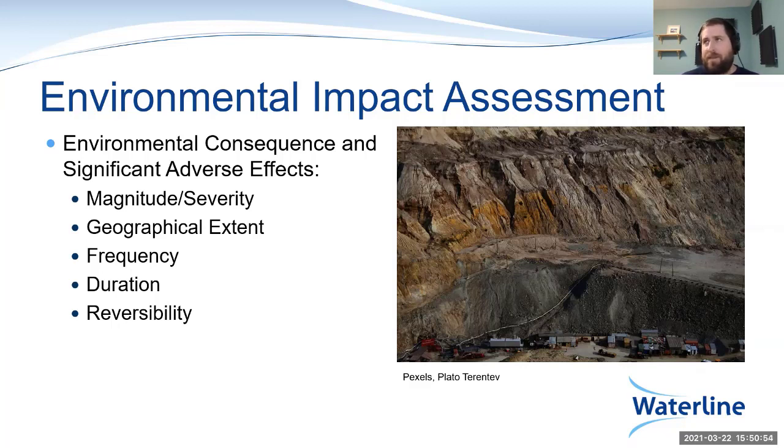Also, some things like permafrost, for example, are generally irreversible at the soil surface. So that will influence a little bit what the environmental consequence is. But for soils and geomorphology, in my experience, generally it's the magnitude or severity of the change that drives whether or not there would be a significant adverse effect.